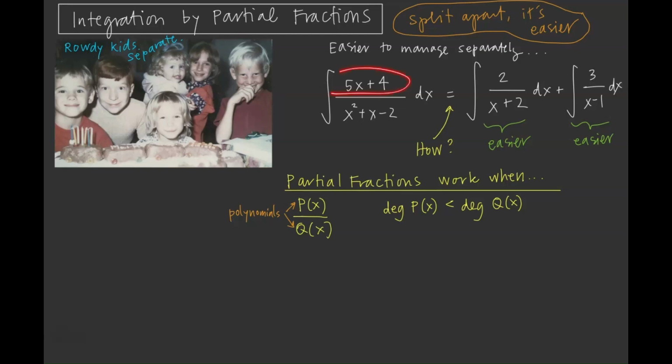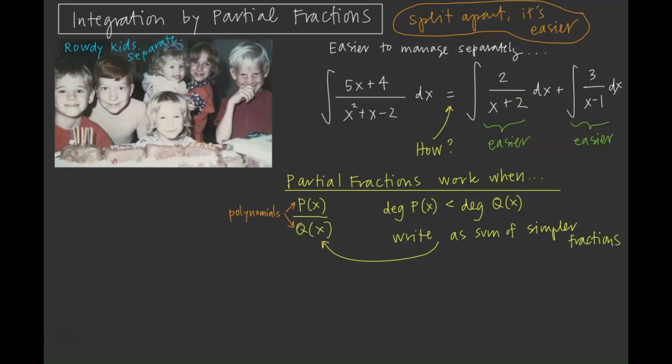This one does work. This is a polynomial. This is a polynomial. The highest degree of this polynomial is 1, and the highest degree of this polynomial is 2. So this one does qualify. It's smaller. So because of that, we'll be able to write this as the sum of simpler fractions.